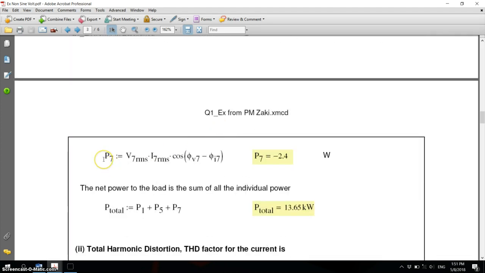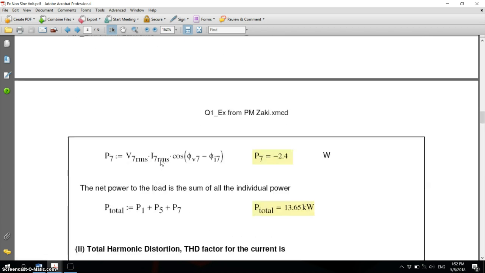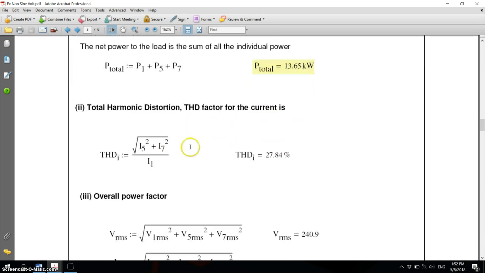So therefore the total power delivered to the load is given by P1 plus P5 plus P7. So you have 13.67, if I'm not mistaken, kilowatt minus 18.6 watt and minus 2.4 watt, and finally the total power delivered is 13.65 kilowatt.